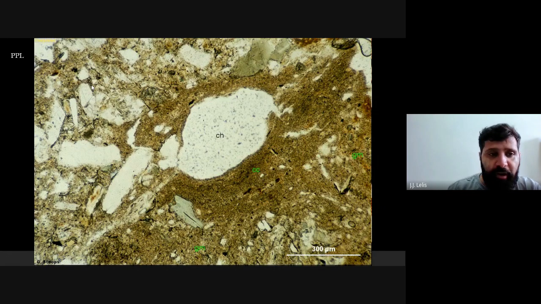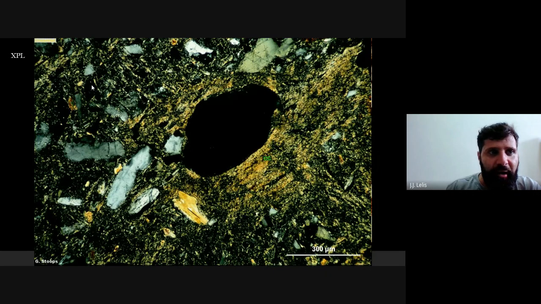And when I saw this picture in the XPL image, it's very different. Seems like a galaxy, right? It's very, very beautiful.